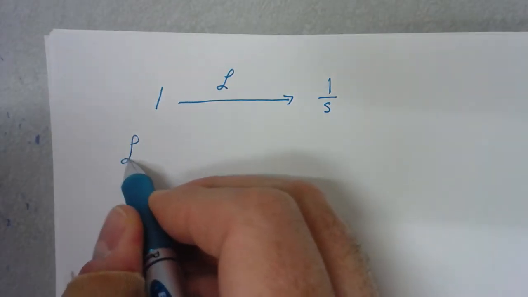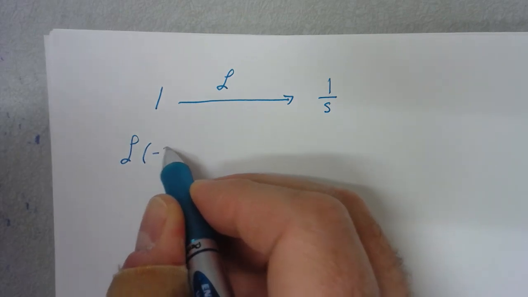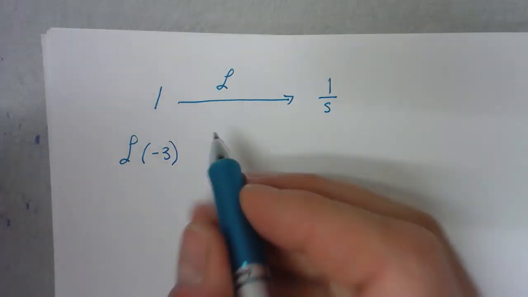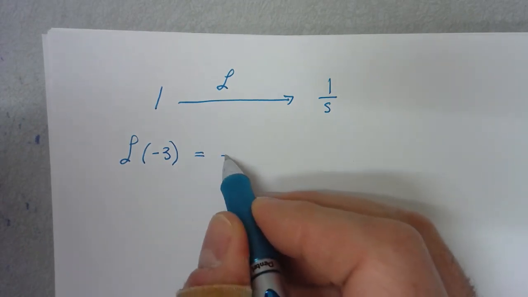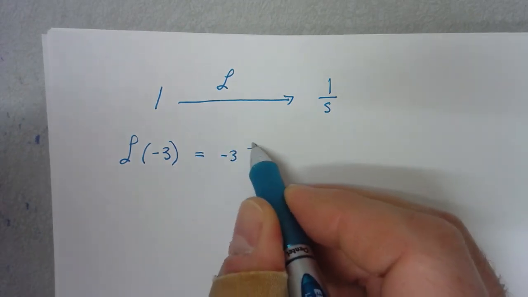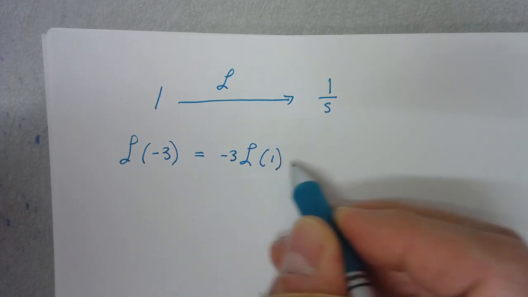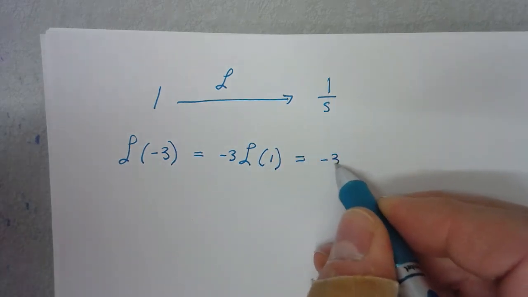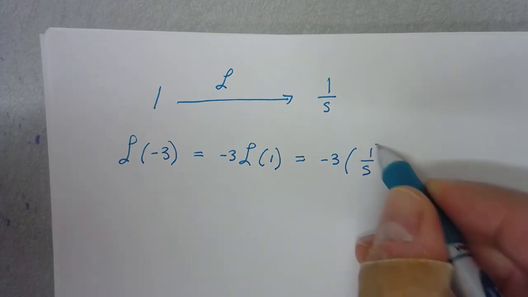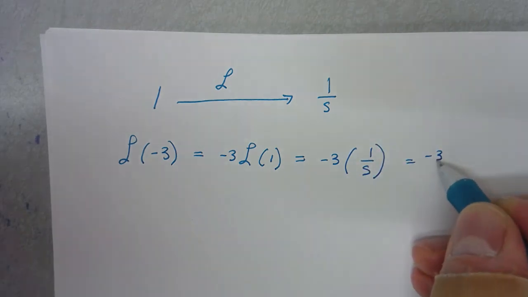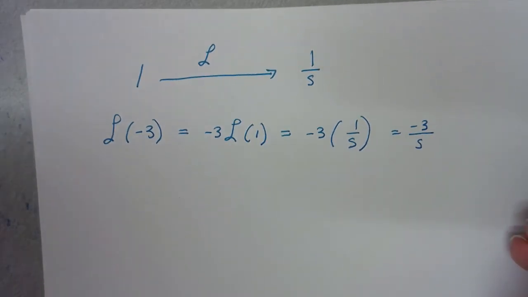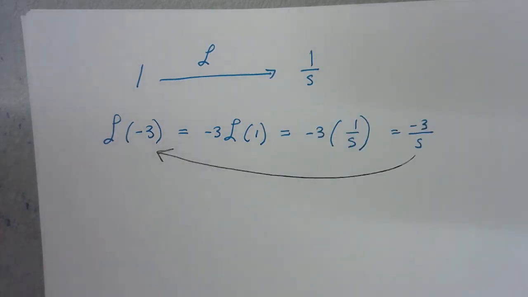So how would I transform -3? Well, the Laplace transform is a linear transformation, so you can factor a -3 out. The transform is 1 over s, so that's -3 times 1 over s, equals -3 over s. And this goes the other way too.